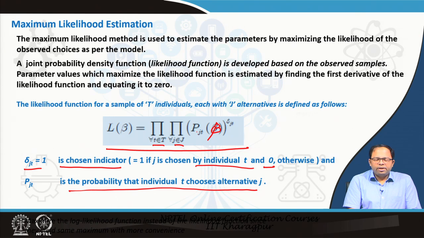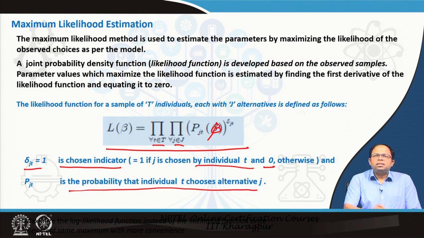Whenever we have the actual data for people choosing different alternatives, when the alternative is chosen, we take delta jt equal to 1. If it is not chosen, it is taken as 0, and we use the utility equations here, take a product of them, and this forms a likelihood function.